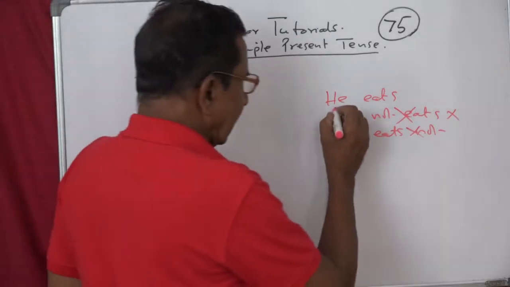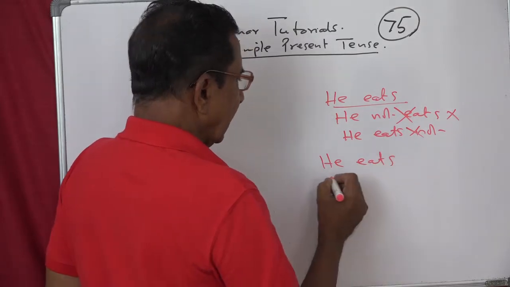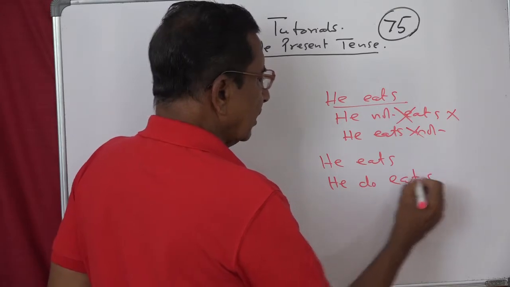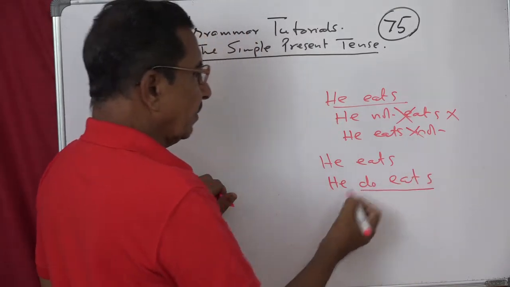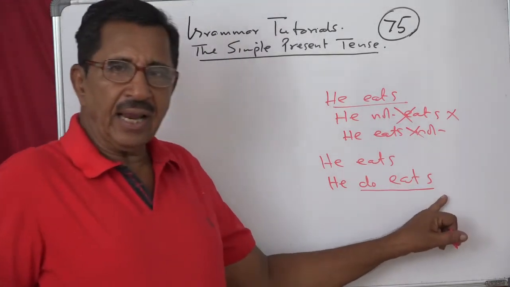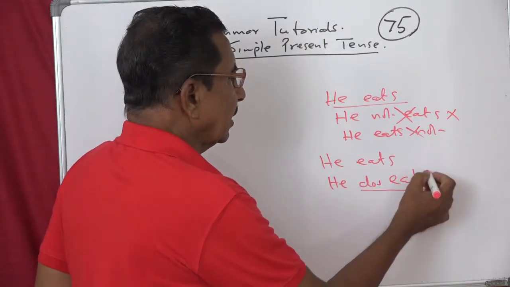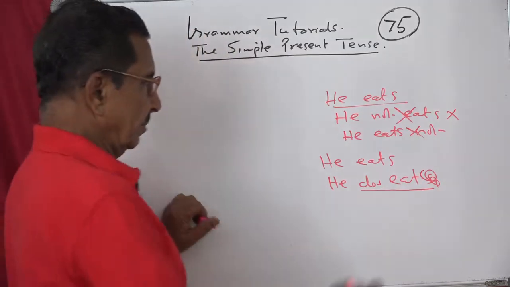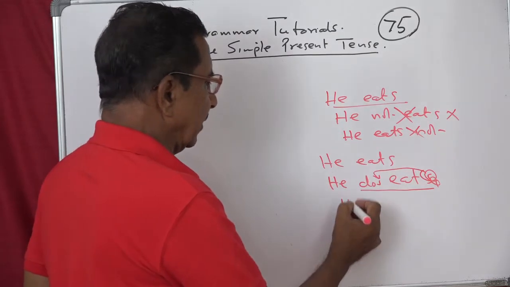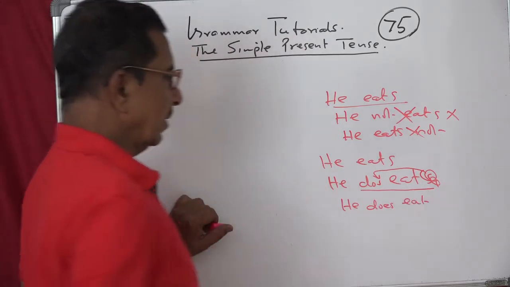And then when you take the help of do, he eats will become he do eats. Now you have two members here. Therefore, the tense marker should be added to the first member. And so you bring it here. Now this is removed from here. Okay, you bring it here. And by spelling change, it becomes he does eat. Because the S is here.